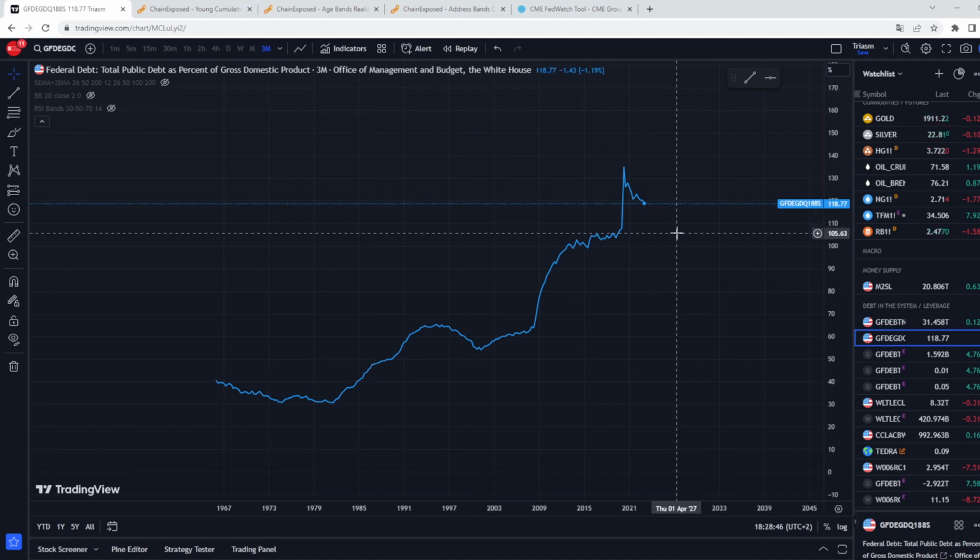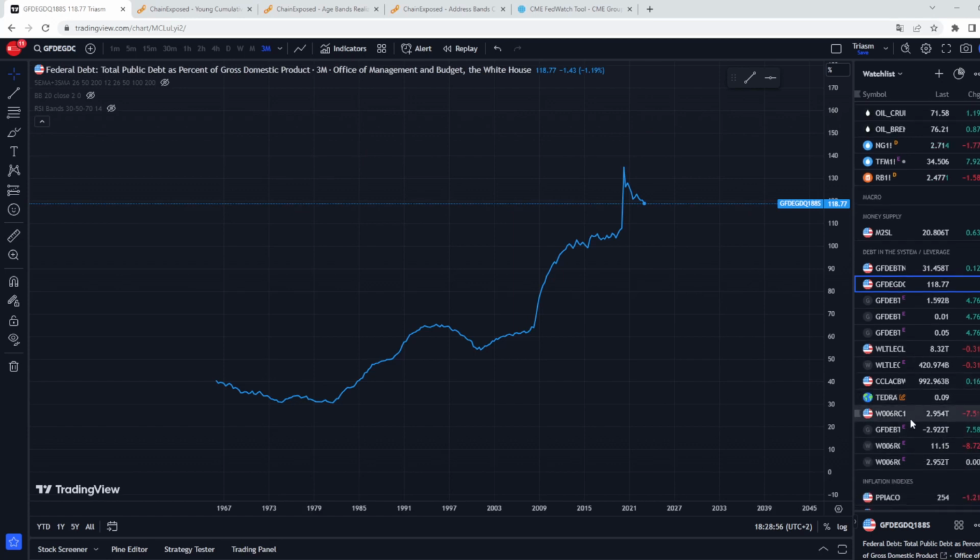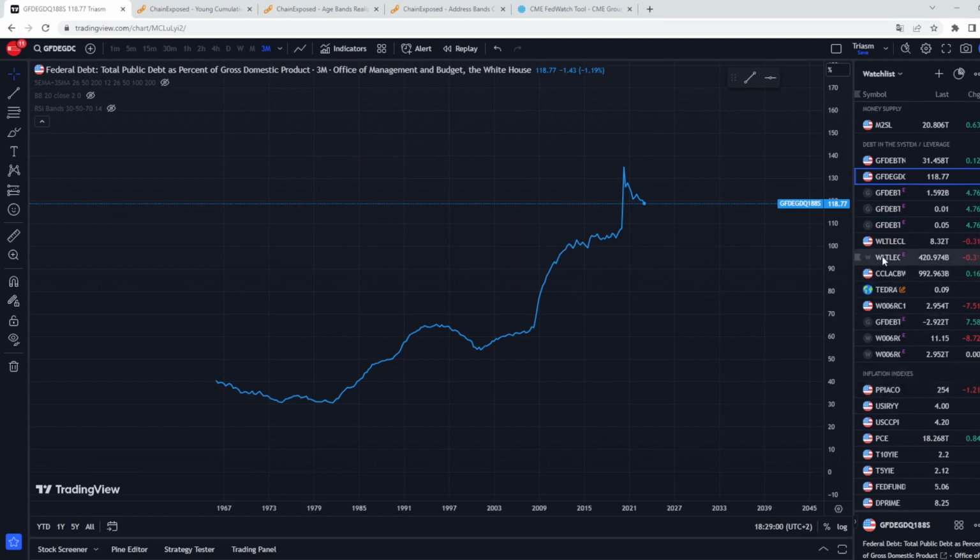So I don't expect it to reach 100 here before getting into a new easing and more debt being printed out for the public, and another cycle of easing to monetize this debt. So it's a question of time, probably 1 year before something will break and easing will go through.